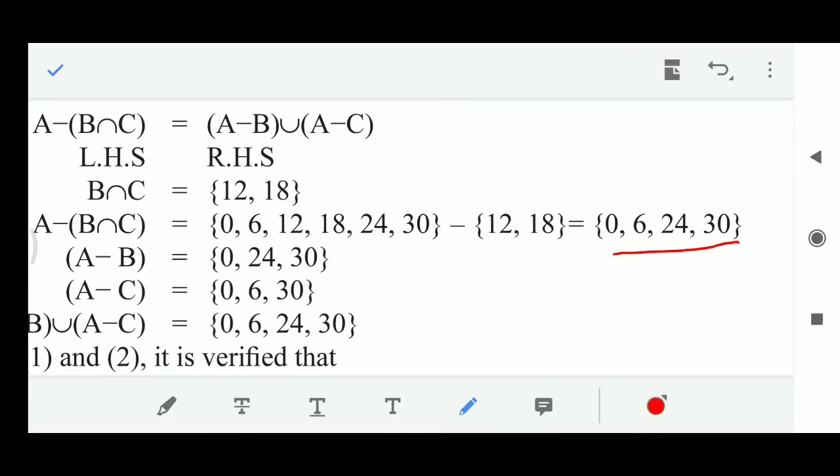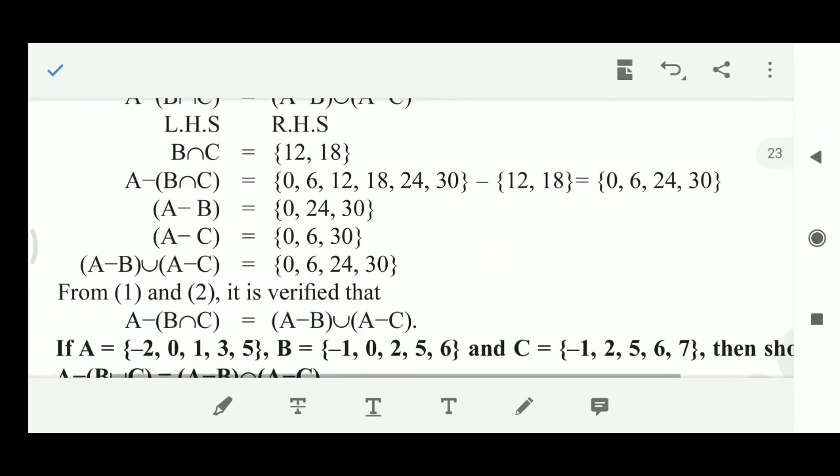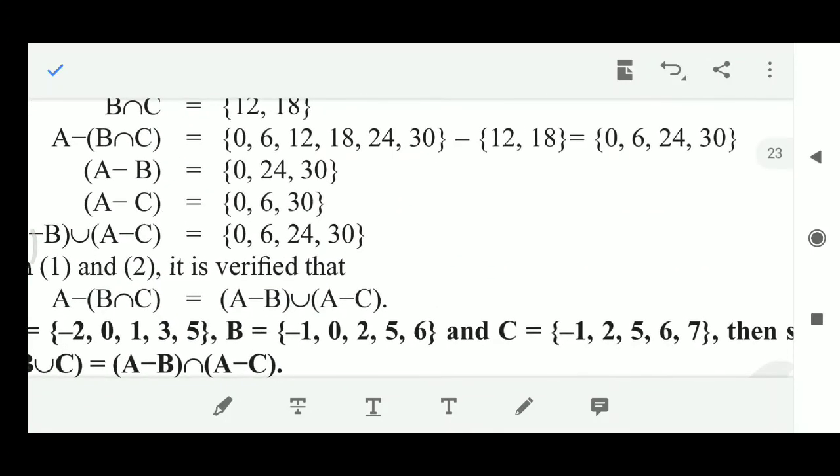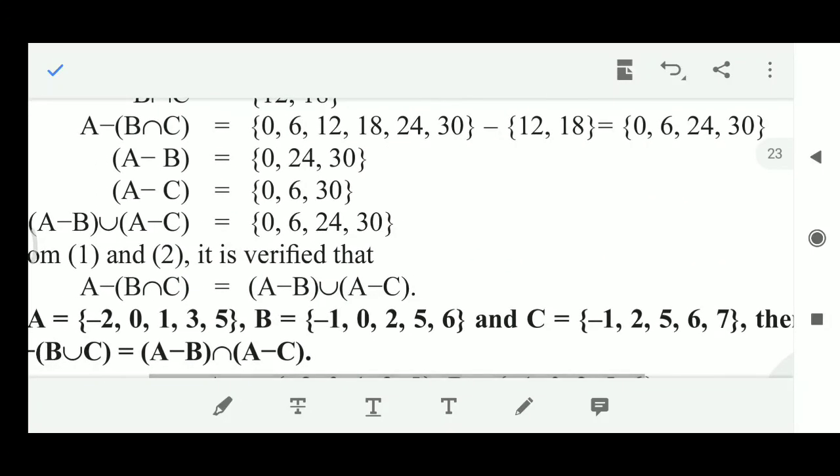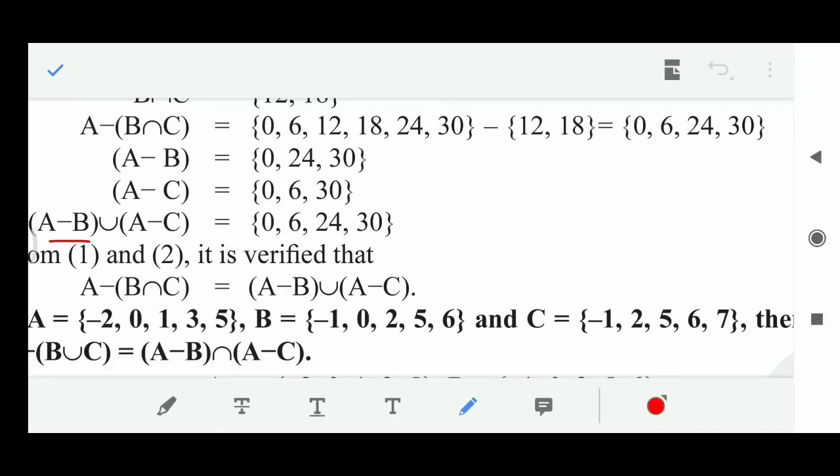Then on the right hand side, we are going to find A minus B first. A minus B gives 0, 24, 30 and A minus C gives 0, 6 and 30. If you find the union of these two sets, A minus B and A minus C, you will get 0, 6, 24 and 30.